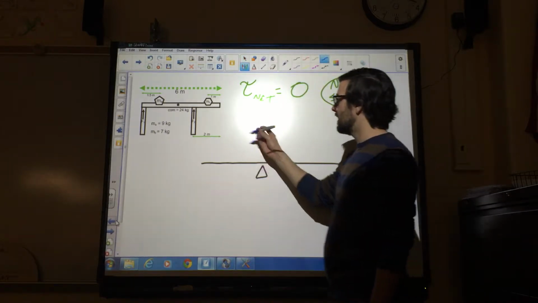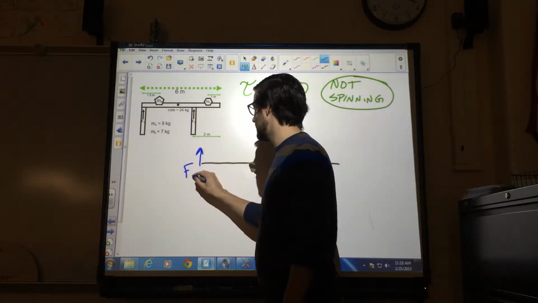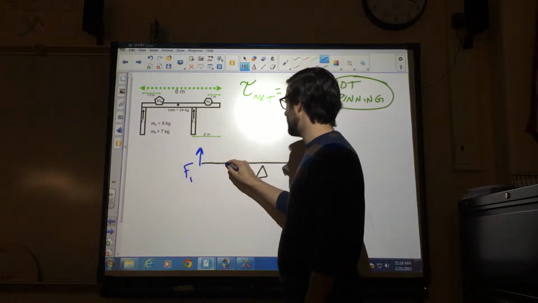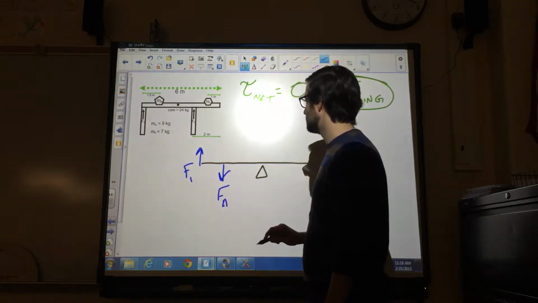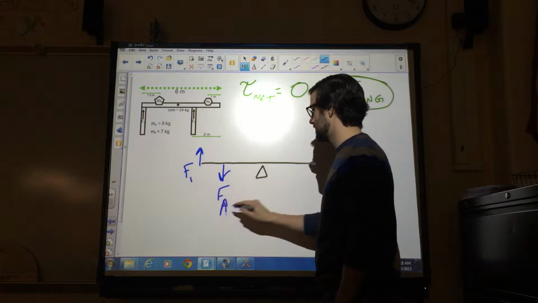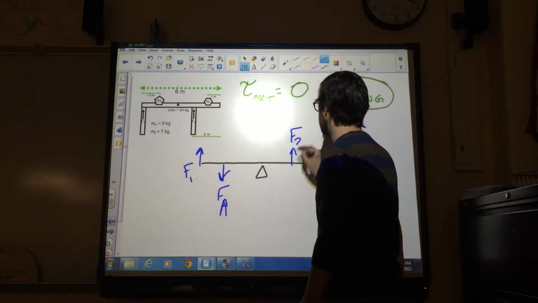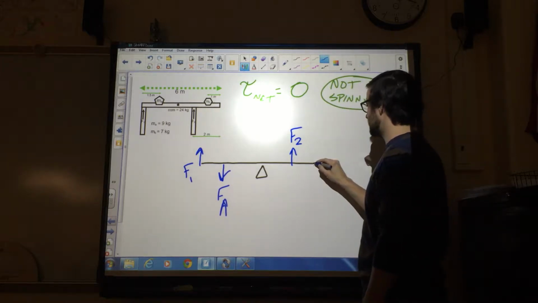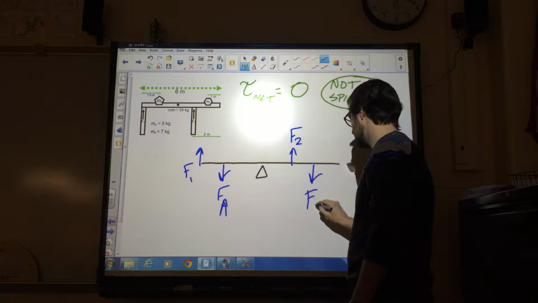If we place it there, we will have an upward force due to leg 1. There will be a downward force due to gravity from mass A. There is an upward force from leg 2. And there's a downward force from gravity acting on mass B.